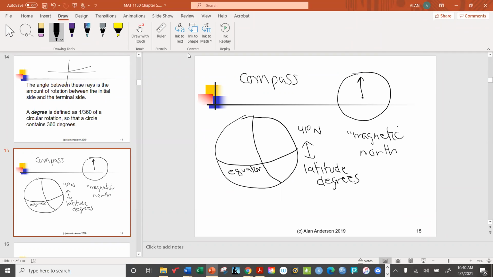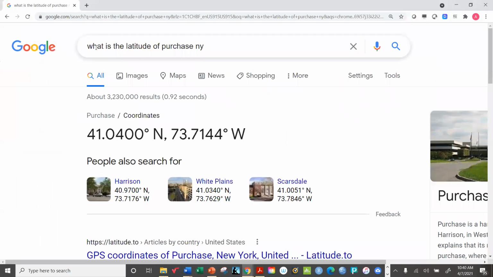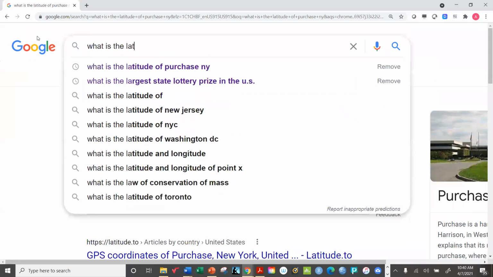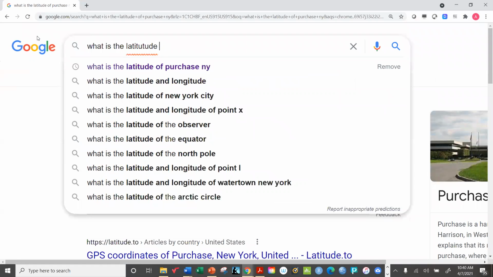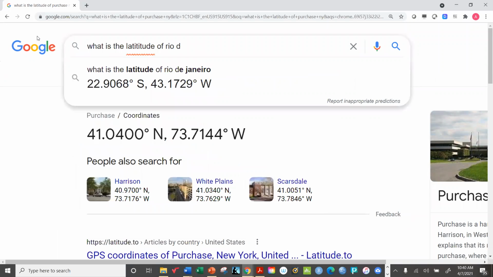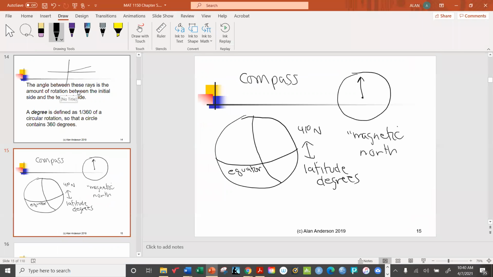Okay, so if you were to look at, for example, what is the latitude of Rio? It's 22 south. It's going in the opposite direction. There's no such thing as a negative angle here. It goes to south.